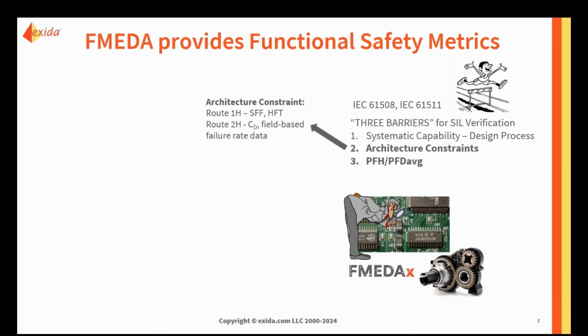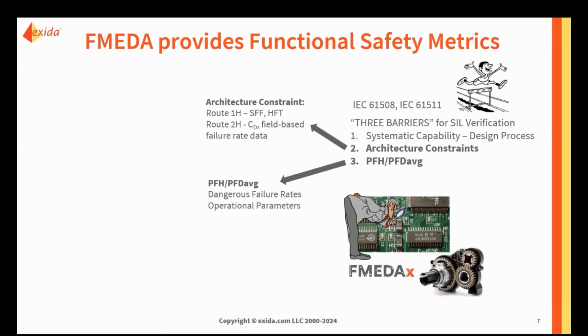And if your product has automatic diagnostics, as long as the diagnostic coverage is at least 60%, diagnostic coverage being dangerous detected failures over all detected failures, then there is a simplified approach that you can take to determine the required redundancy. Lastly, there's the probability of dangerous failures per hour, or average probability of failure on demand, depending on the demand rate.